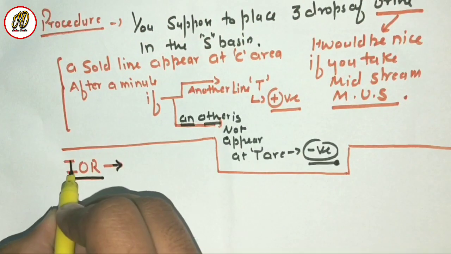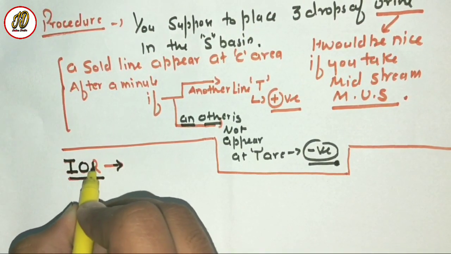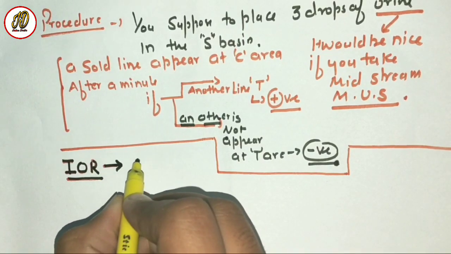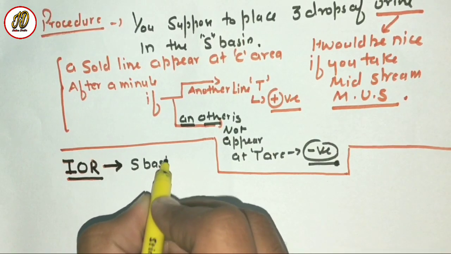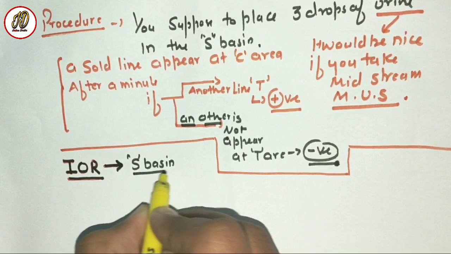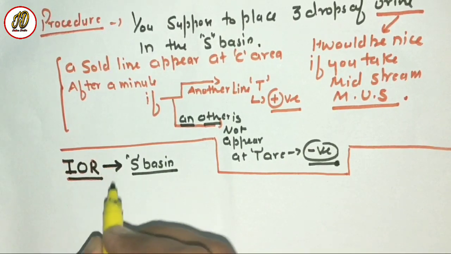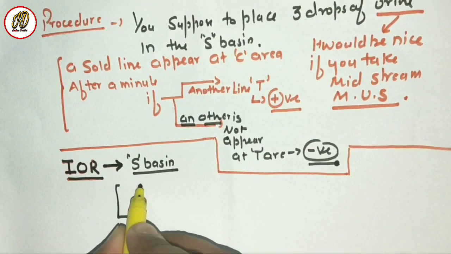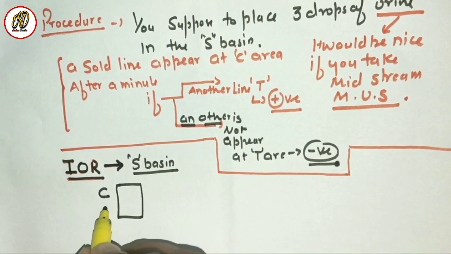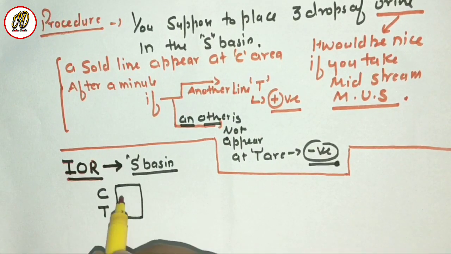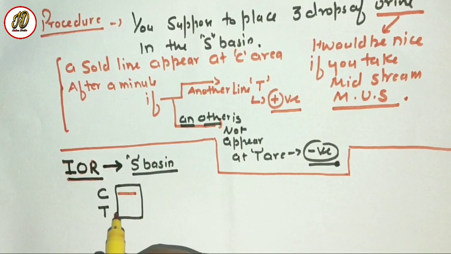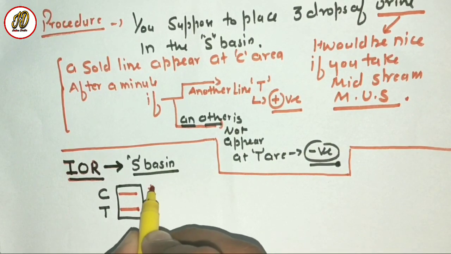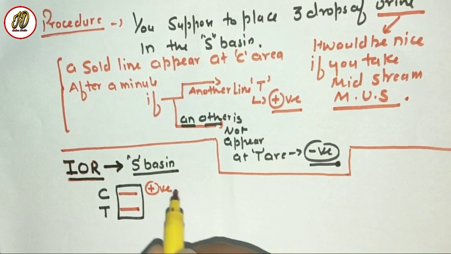Let's move on to the topic interpretation of the result. After putting the sample into the S basin, after a minute you have to look over the rectangular result window, where if in front of the C area there is a line, and also in front of the T area there is a line, there is a positive pregnancy test.